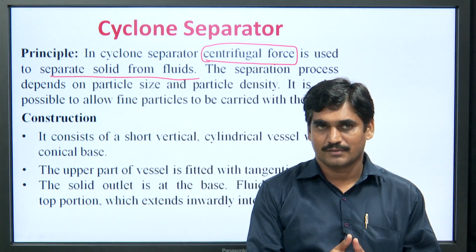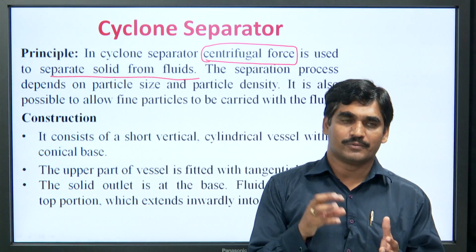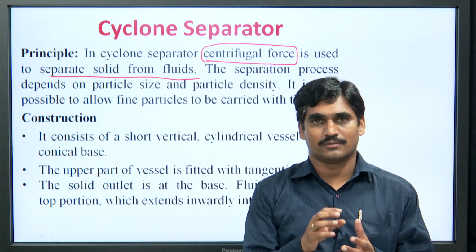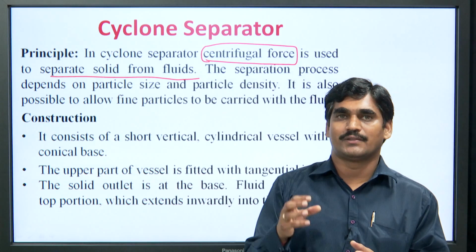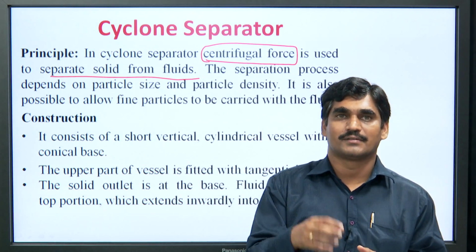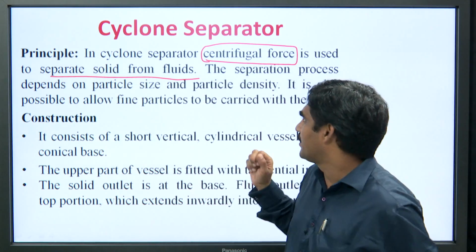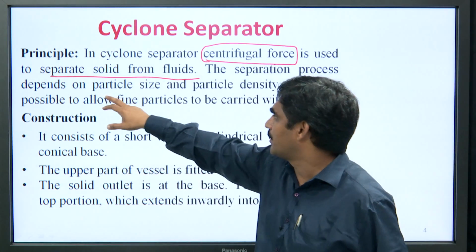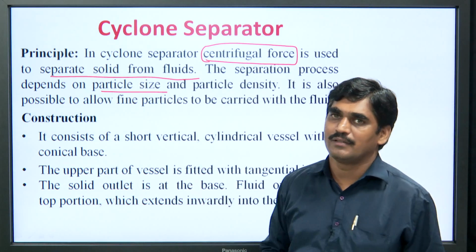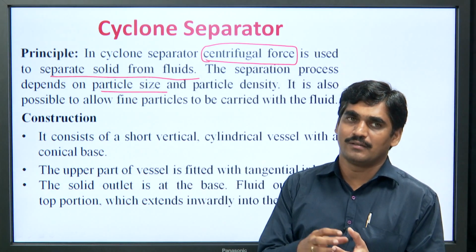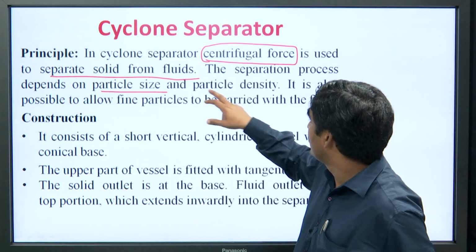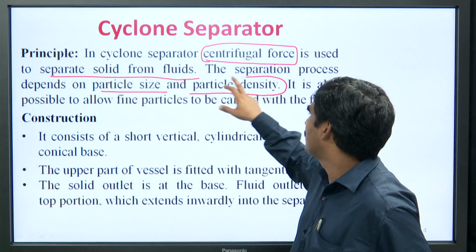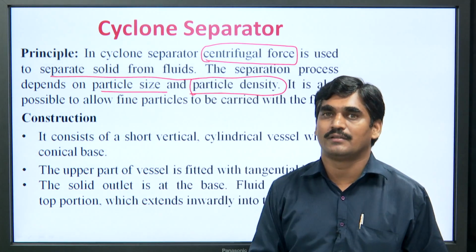Two things we are using here: one is fluids, and along with the fluids, solid particles get separated. The separation process in this case generally depends on the size of the particle, whether it is finer sized or coarser sized particles, and particle density also plays an important role.